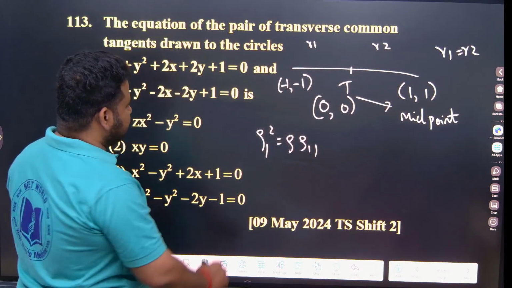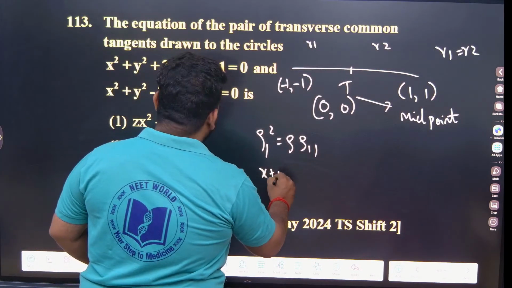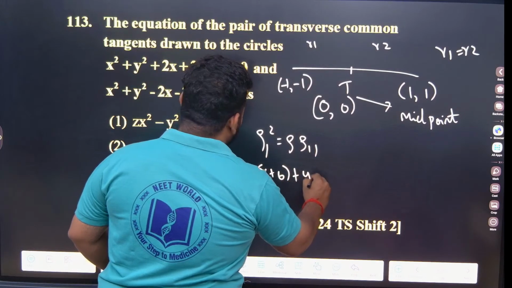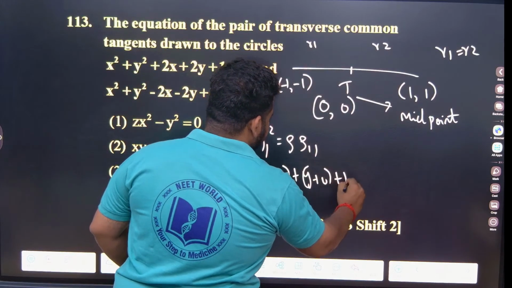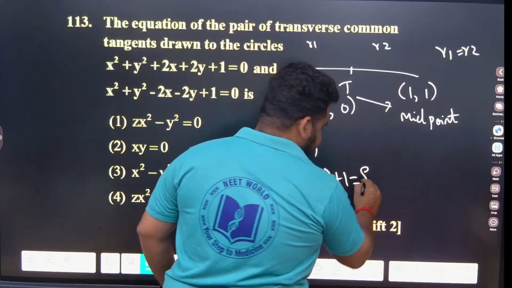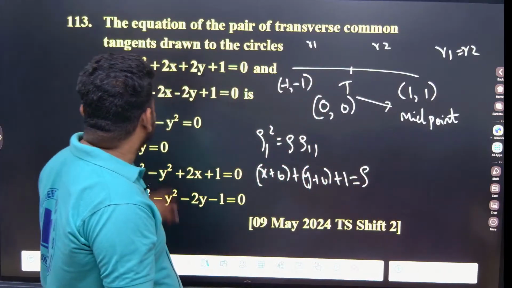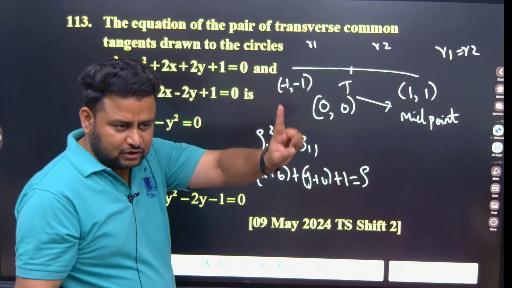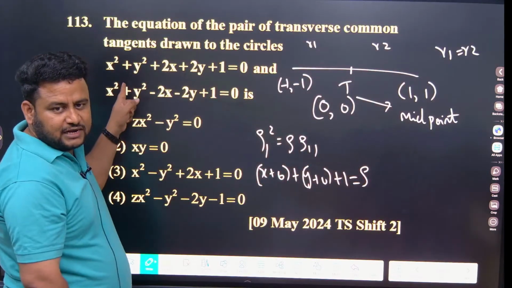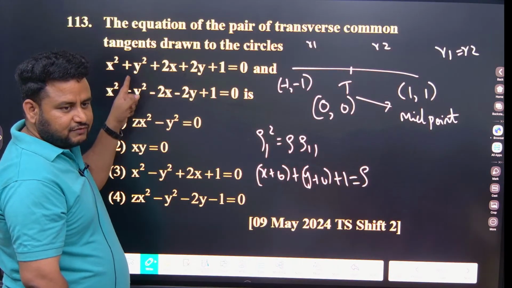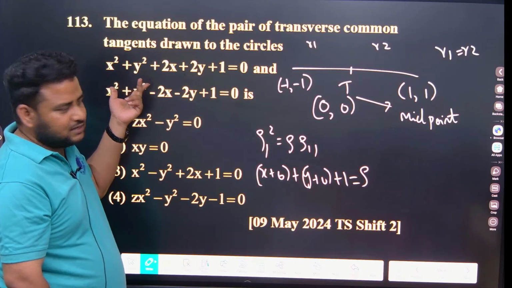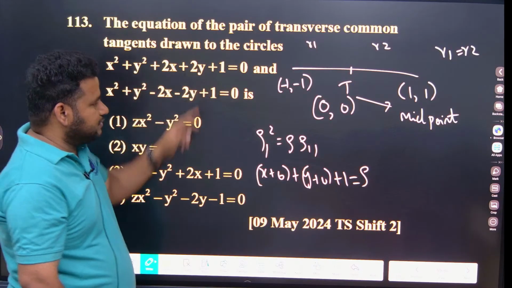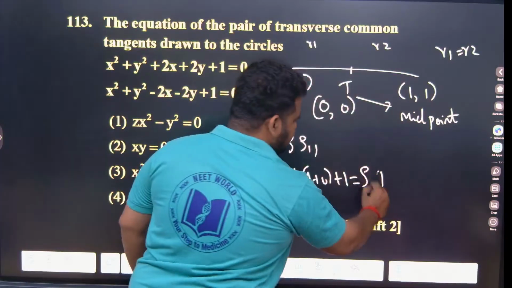So x plus 0 plus y plus 0 plus 1 is equal to S into S11. Write S as it is. S11, if you put 0, will become 1 only. S11 you have to put the value, that is x1 square plus y1 square. x1, y1 is 0 comma 0, so it will be 1. Correct? It will be S into 1.